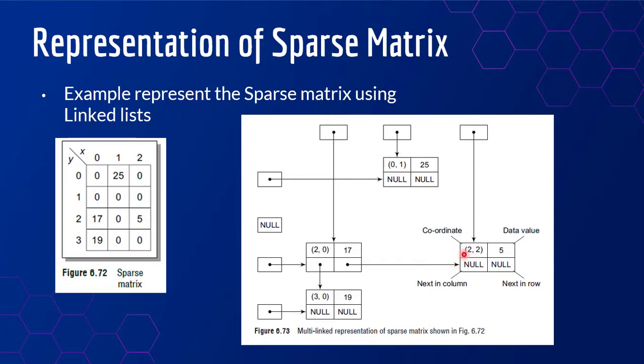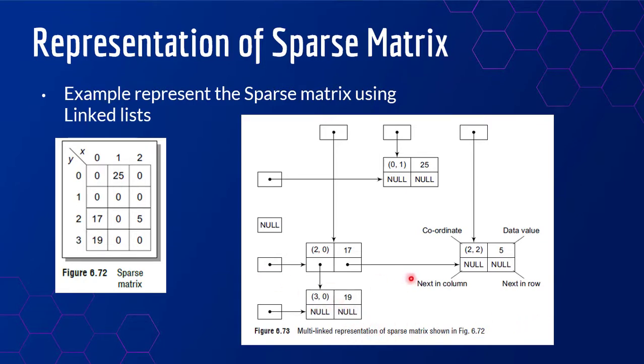Yes, we have this as the next node, so we directly connect this next row field to it. Now for this node, is there any next node? No next node, so we put null here. The same is the case here: there is no next node for this, so we put null.